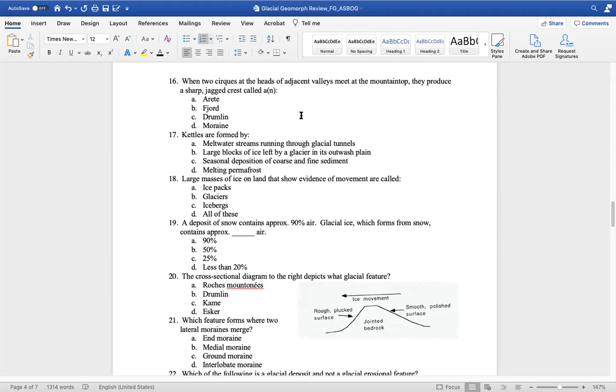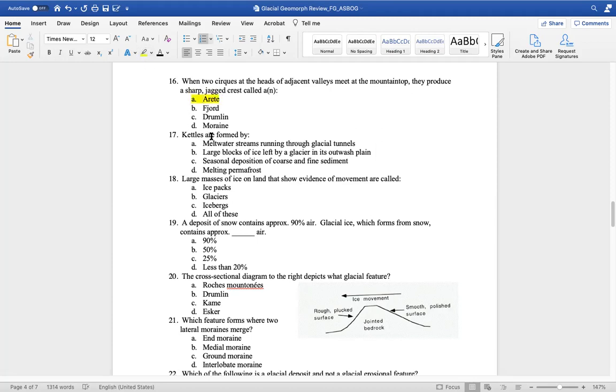Those are drumlins, the lobate, elongated depositional features, where moraines are depositional features as well. A fjord, which is a fun word, is a glacial valley or glacial trough that has been filled by ocean water. So of the three that we've talked about, that leaves an arete, which is true.